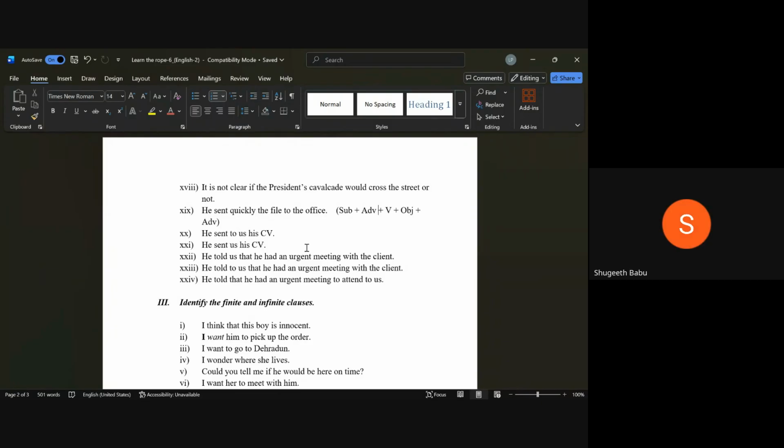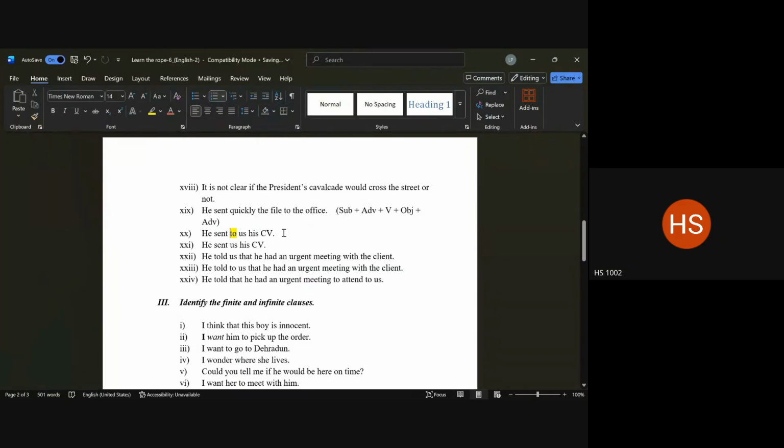His CV. His CV is your direct object here. So, he sent us his CV. If the direct object follows the indirect object, then you don't need this to here. To is only necessary when you are reversing the order of the objects.